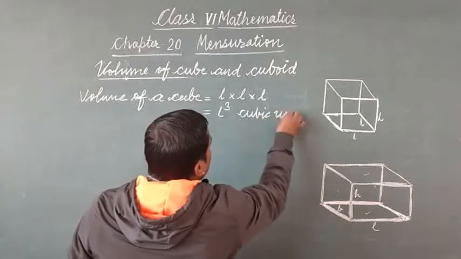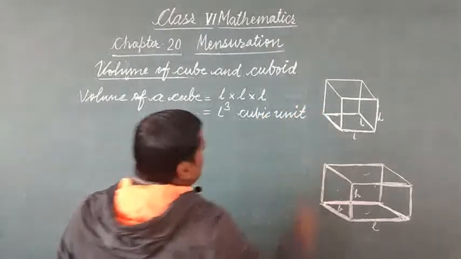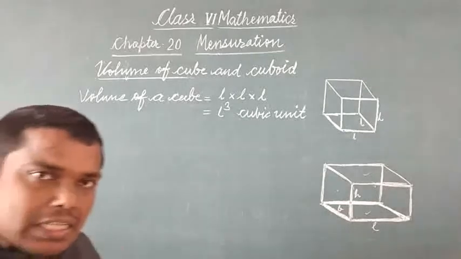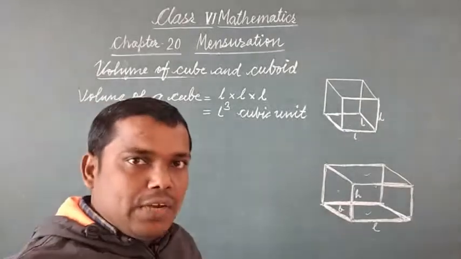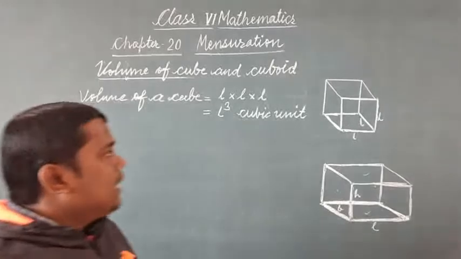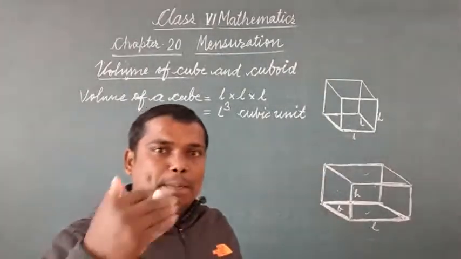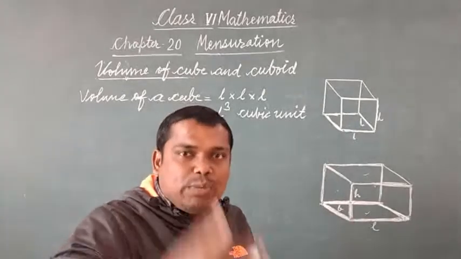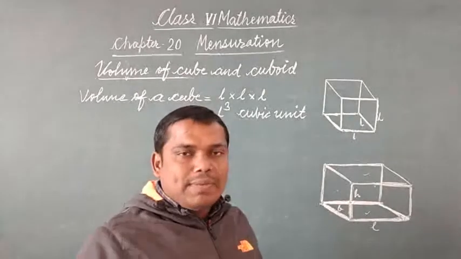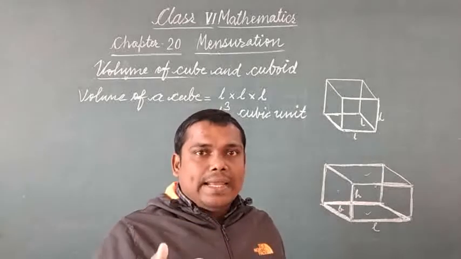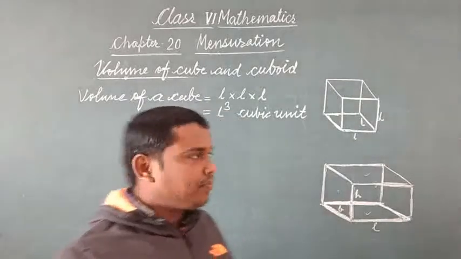Cubic unit. As I have already discussed the unit of perimeter, that we write the length unit, for area we write meter square, centimeter square. Here unit of volume we write centimeter cube, meter cube, or cubic meter or cubic centimeter, etc. Whatever the dimension in unit given.